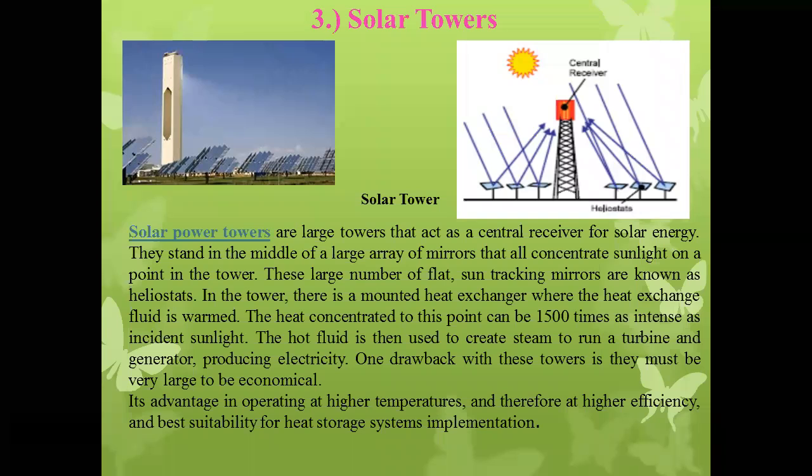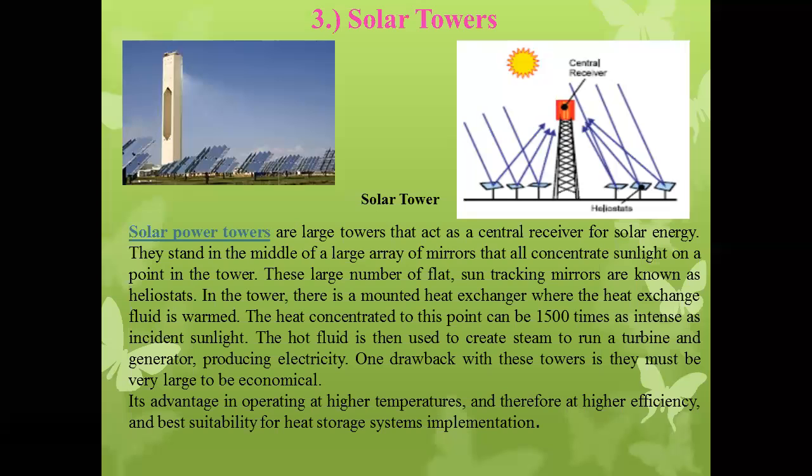Parabolic trough collectors, parabolic dish collectors, and solar towers. These are very important, because we will get the minimum to maximum temperature range by using these types of solar collectors.